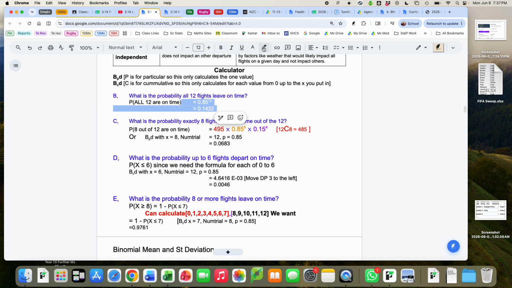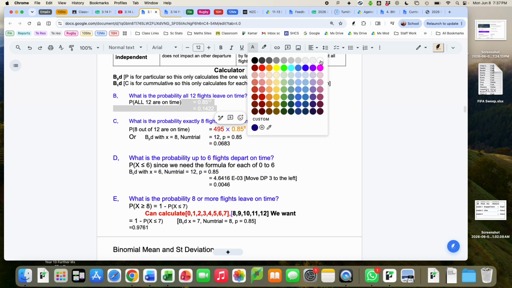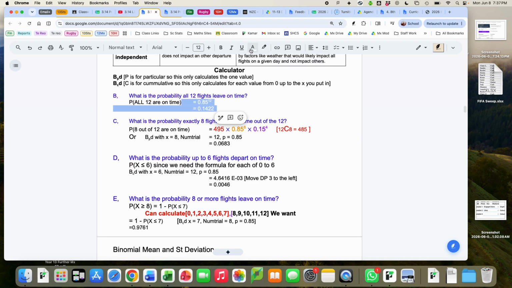Now, actually, if they ask you that, you don't need to know anything about binomial distribution whatsoever. You can just use your common sense. That would be 0.85 times 0.85 times 0.85 times 0.85 times 0.85, all the way through to 12 of them. If you multiply them all out to the power of 12, you get that. So a 14% chance they all leave on time.